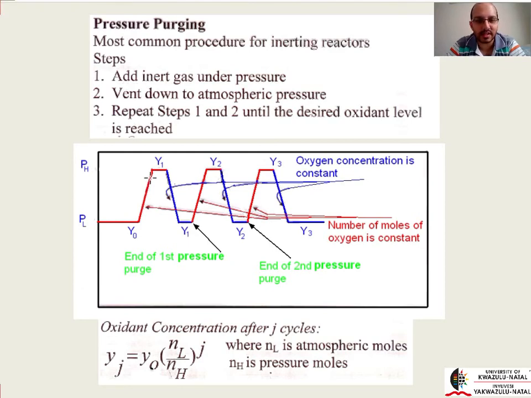However, the concentration is decreasing. And then when you close that inlet valve and you open the exit valve for the pressure to come back down, your oxygen concentration is not changing, but the amount of moles of oxygen is decreasing. It's getting let out through the exit valve. So you end up with less oxygen in that air pocket.